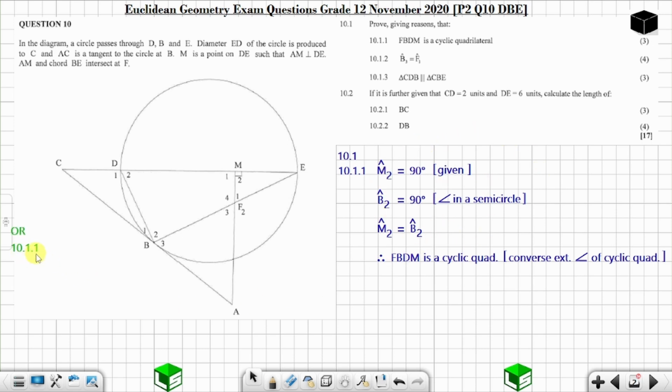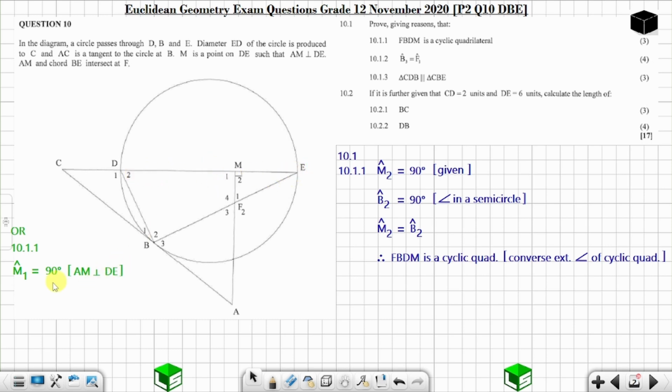Another way is to use the fact that the sum of interior opposite angles of a cyclic quad is equal to 180 degrees. Angle M1 plus angle B2 is equal to 180 degrees for a cyclic quad. Angle M1 is equal to 90 degrees because AM is perpendicular to DE.